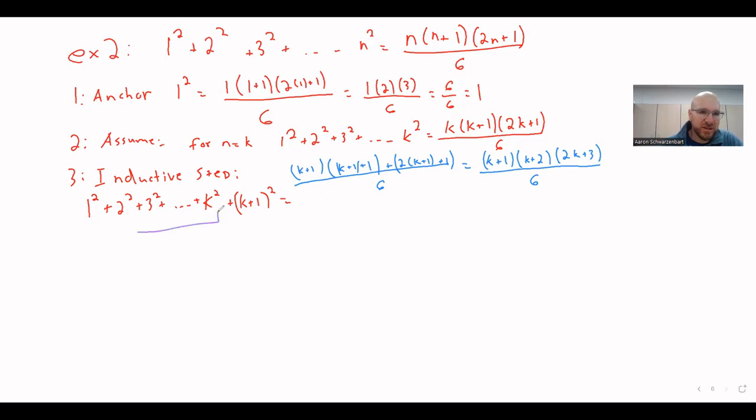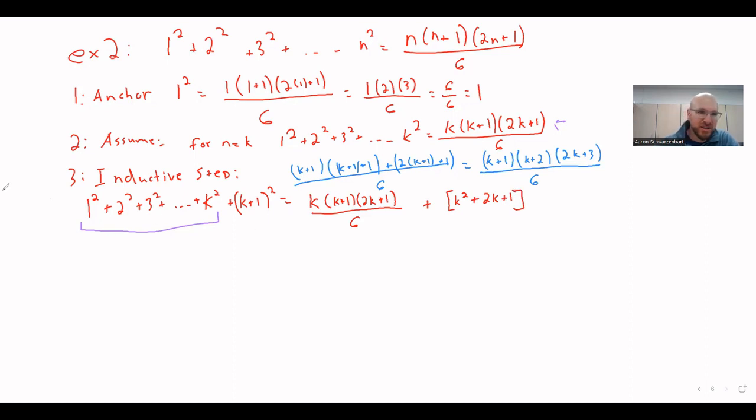My inductive hypothesis is that this is going to be that. So I'm going to start right away and substitute that in. And then I'm going to take k plus 1 squared, and I'm going to square it. Okay, so k plus 1 times k plus 1, it's k squared plus 2k plus 1.